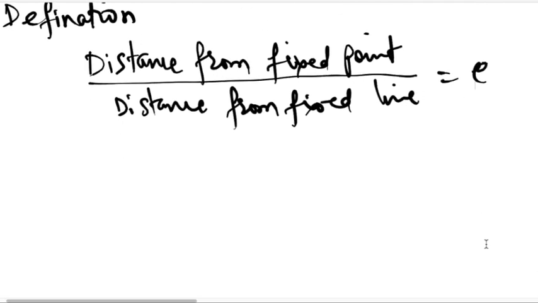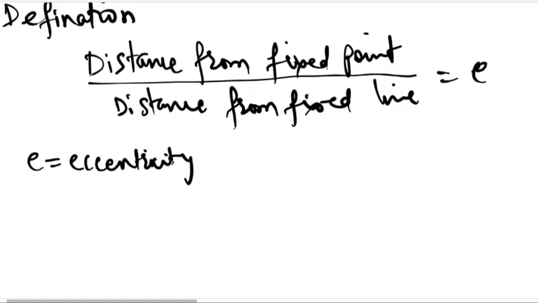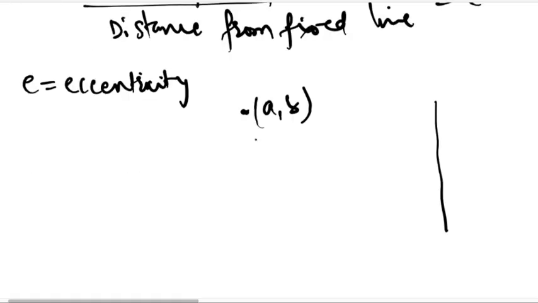E is nothing but the eccentricity. If we see this definition geometrically, we have taken a fixed point a comma b.